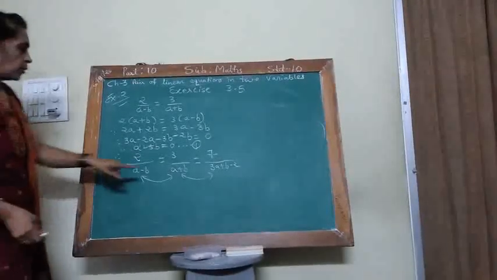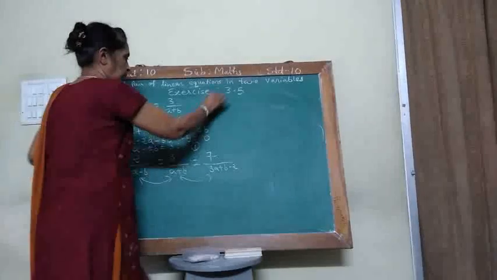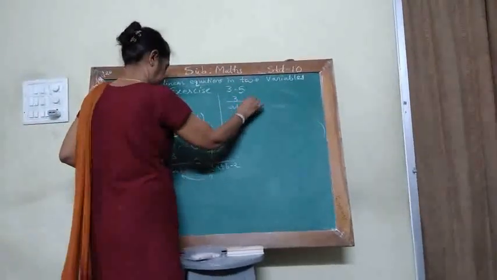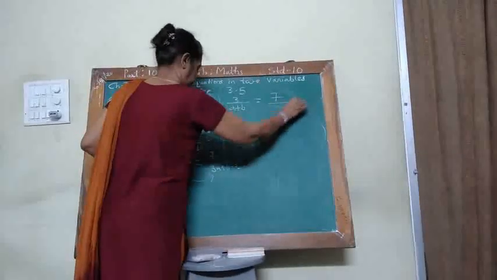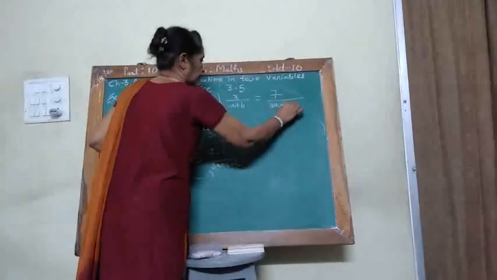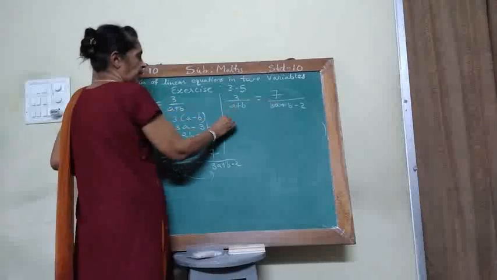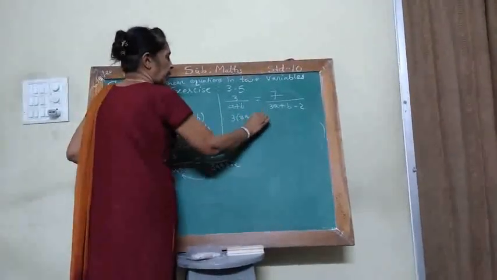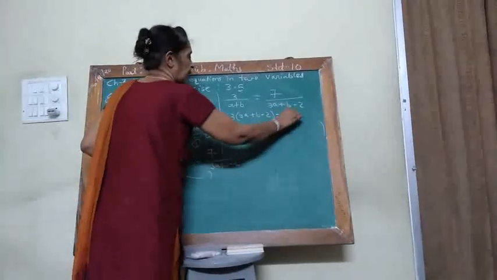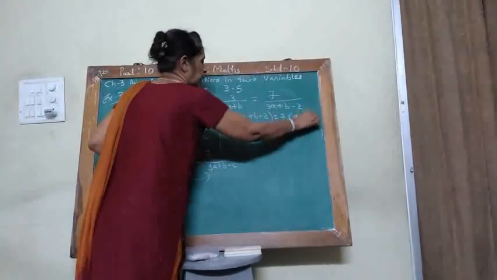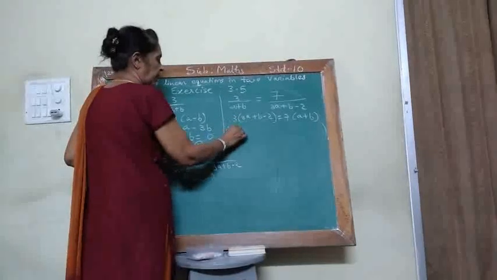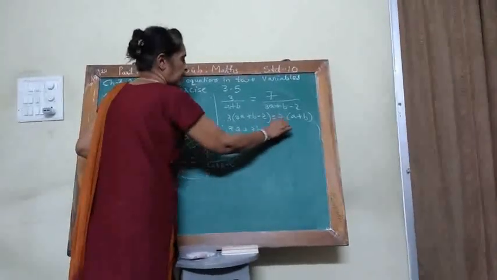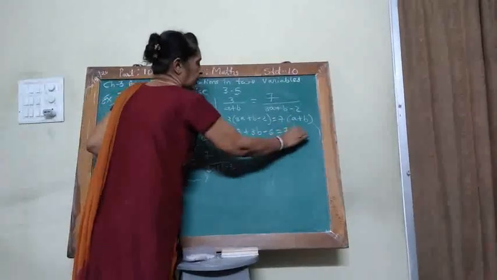Now you compare second with third. Simplify, cross multiplication. 3 multiplied by 3A plus B minus 2 is equal to 7 times A plus B. And therefore 3 3s are 9A plus 3B minus 6 is equal to 7A plus 7B.